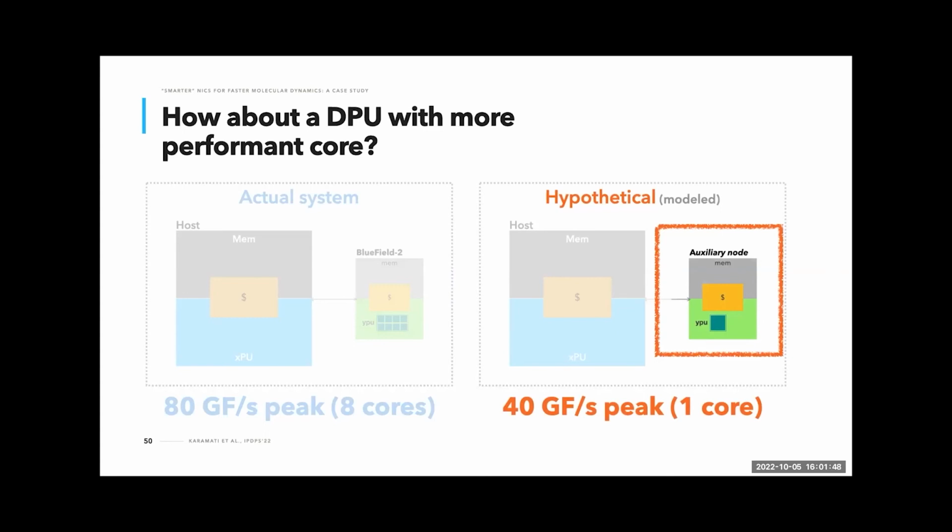In this design, suppose we replace the 8-core ARM in BlueField with a single core of the x86 host processor. That single core has a peak of 40 gigaflops per second.